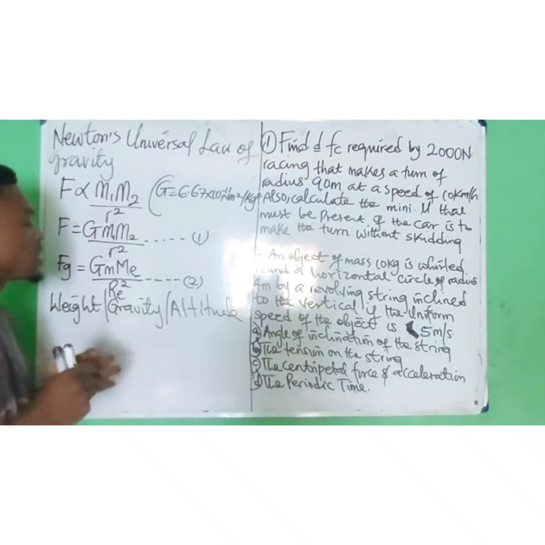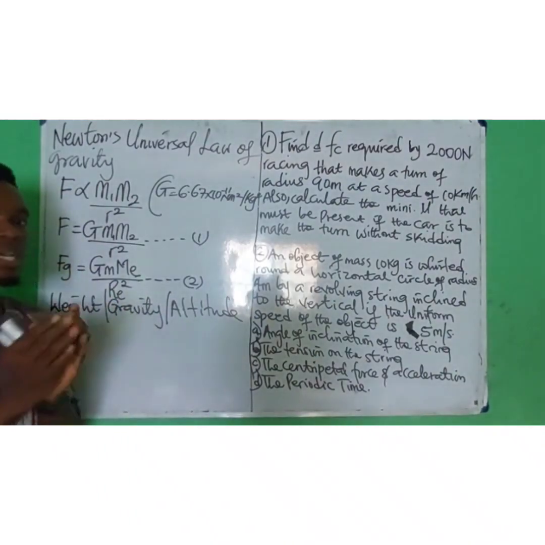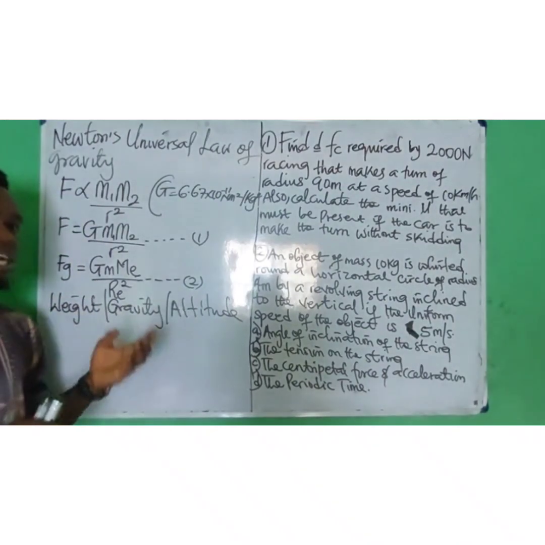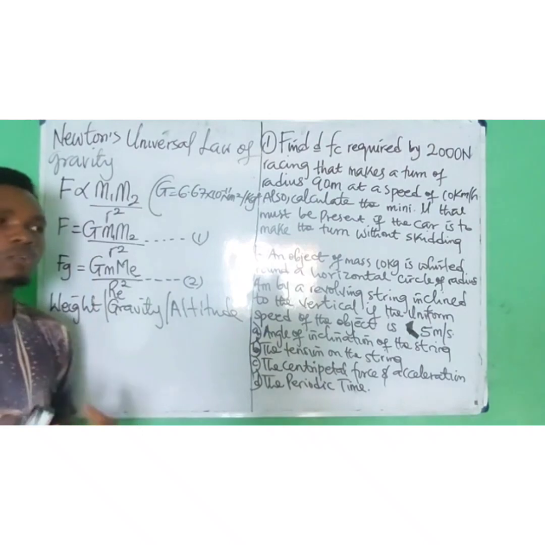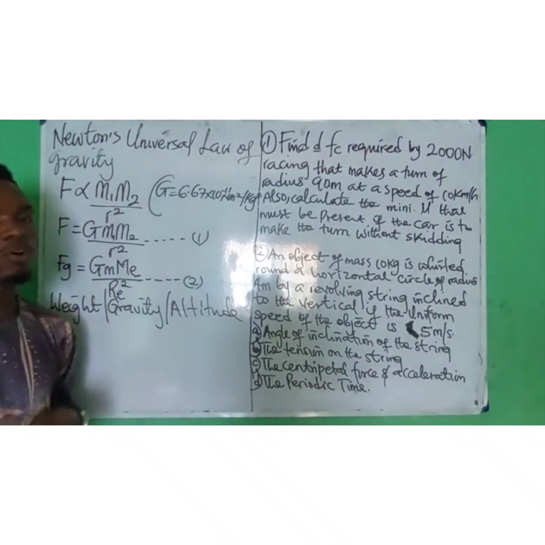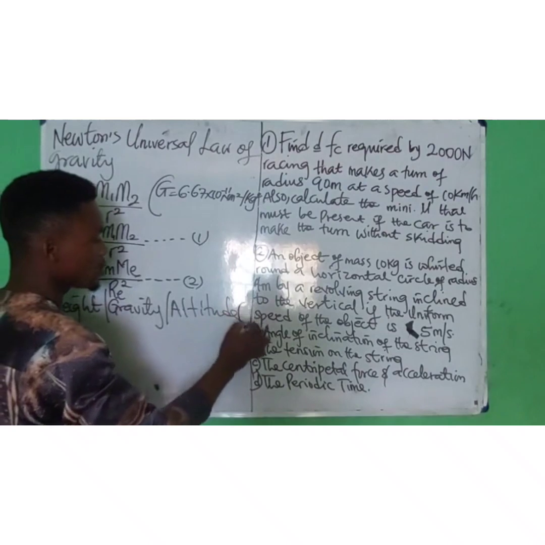Gravity is that force that pulls down an object towards the Earth, and altitude connotes height or distance, and it's represented as small letter h, height.